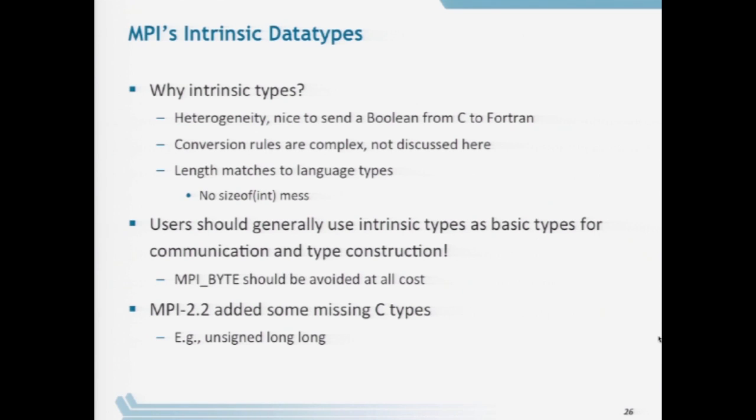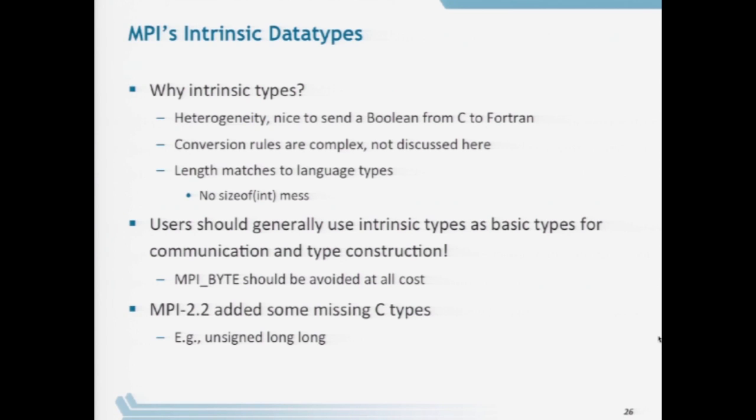How many bytes are in an int? How many of you know the right answer to that question? Yeah, the only thing that C says is that the length of an int is no shorter than the length of a short and no longer than the length of a long. And some of the other integer types. It basically only has to do with how long it is relative to the other types. Fortran, same thing.